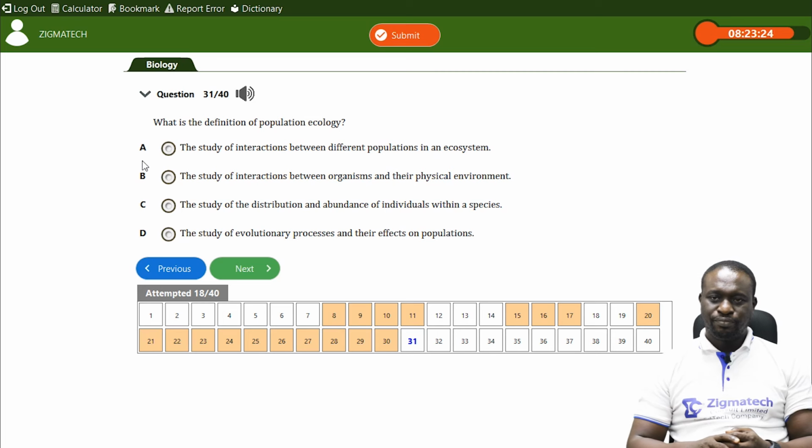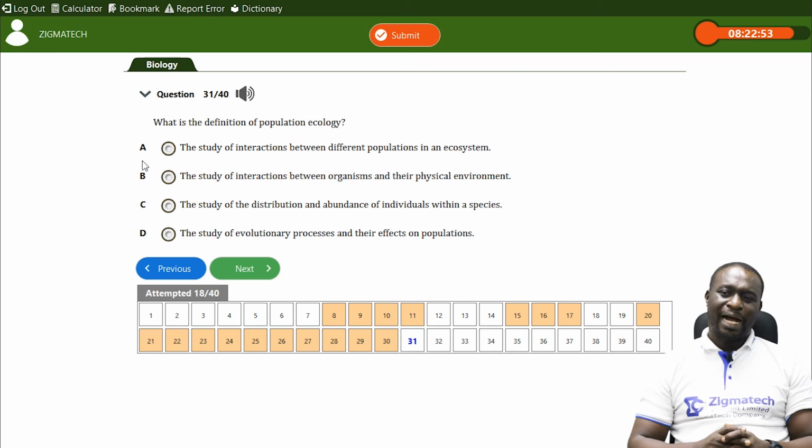Ecology has to do with the relationship between organisms and their environment. Option A, the study of interaction between different populations in an ecosystem. B says the study of interaction between organisms and their physical environment. C says the study of the distribution and abundance of all individuals within a species. And D says the study of evolutionary processes and their effects on population.